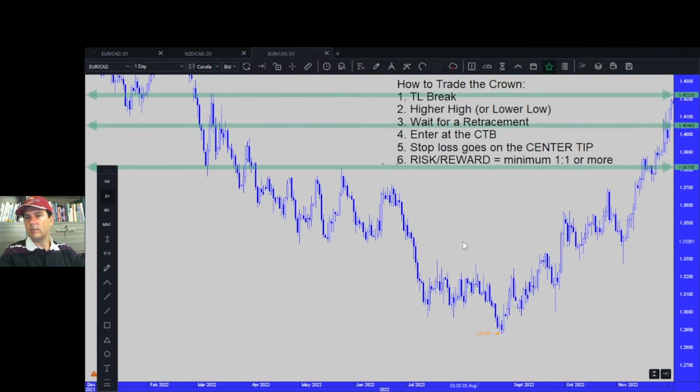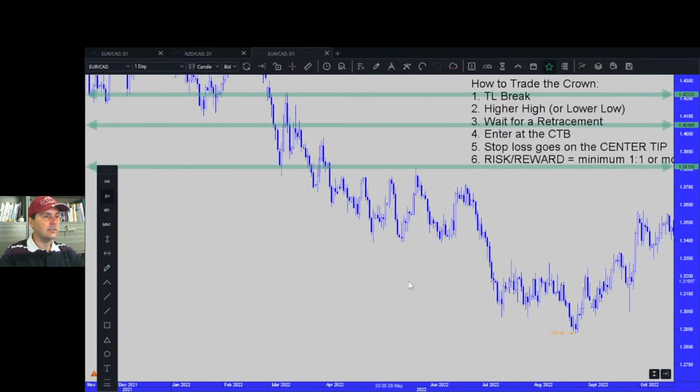Alright, everybody, now I'm not analyzing anymore. Now I'm strictly looking for the crown pattern. Of course, if the crown pattern is aligned with something, short-term trend, market wave, Fibonacci, this is going to give me a better probability. But this is just an example on how to trade.